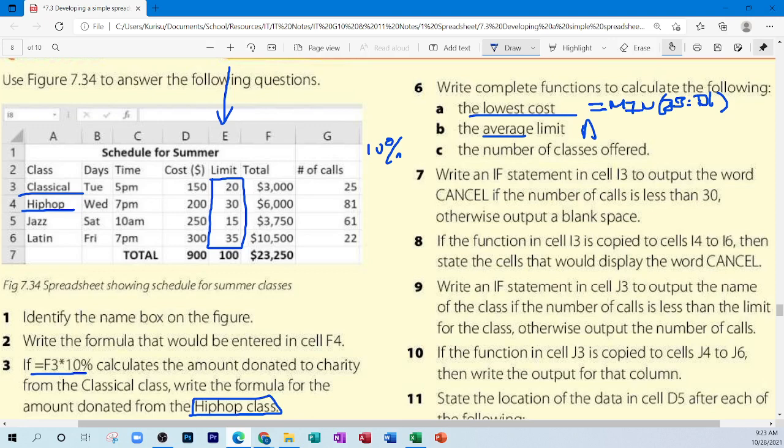Are you guys hearing me? Jonathan? Yes, sir, we can hear you. Jonathan? Yes, sir. Question C. Number of classes offered. Sir, is it? Yes, go ahead, Jakia.